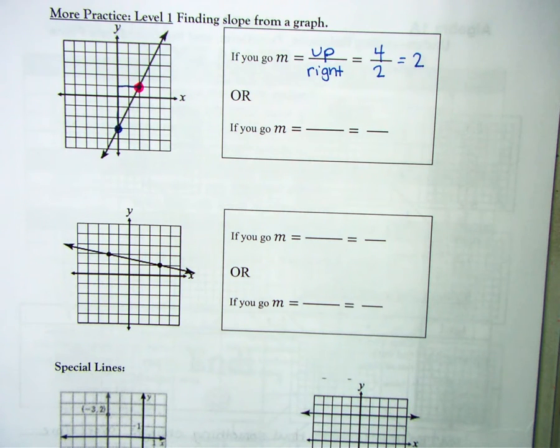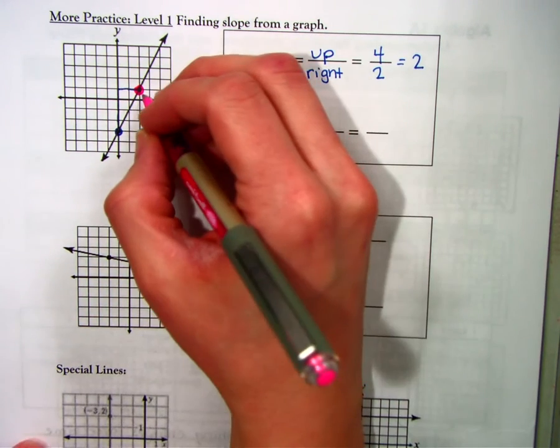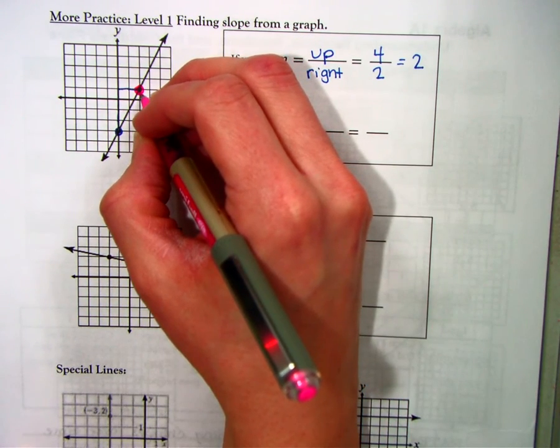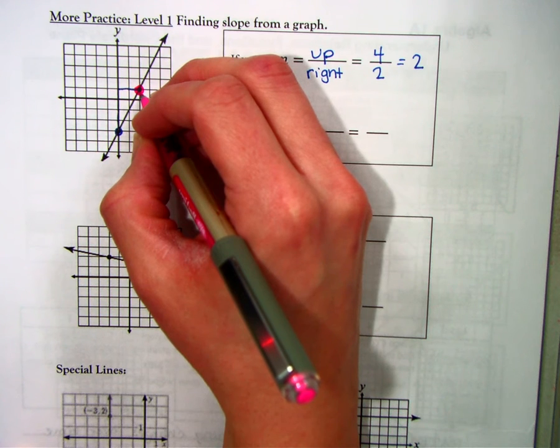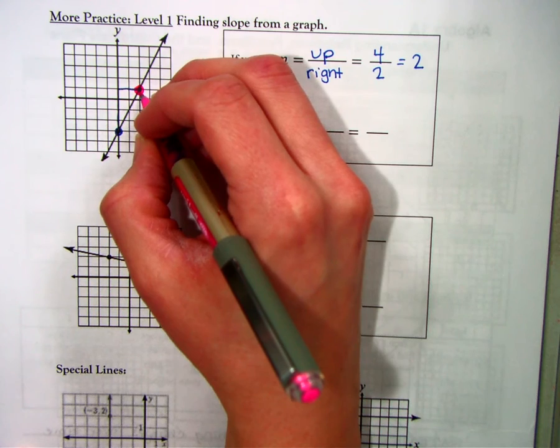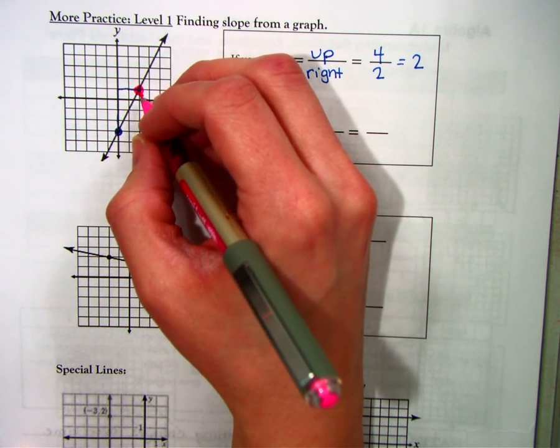Okay, but the question is, why can't I go the other way? And the answer is you can. Okay, so here we go. If I start at the pink dot, you have to go up and down first.